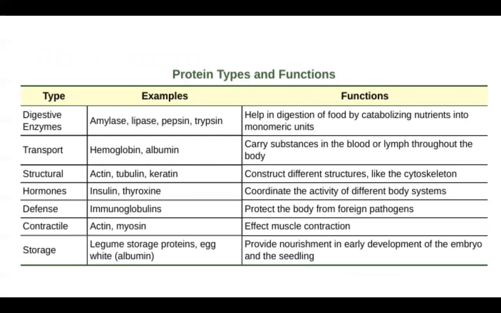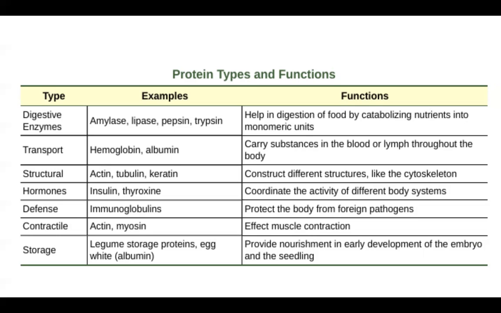Here are given some types and functions of proteins. For example, types of digestive enzymes: amylase, lipase, pepsin, trypsin help digestion of foods by catabolizing nutrients into monomeric units. One of the examples of transport proteins, hemoglobin or albumin, carry substances in the blood or lymph throughout the body.